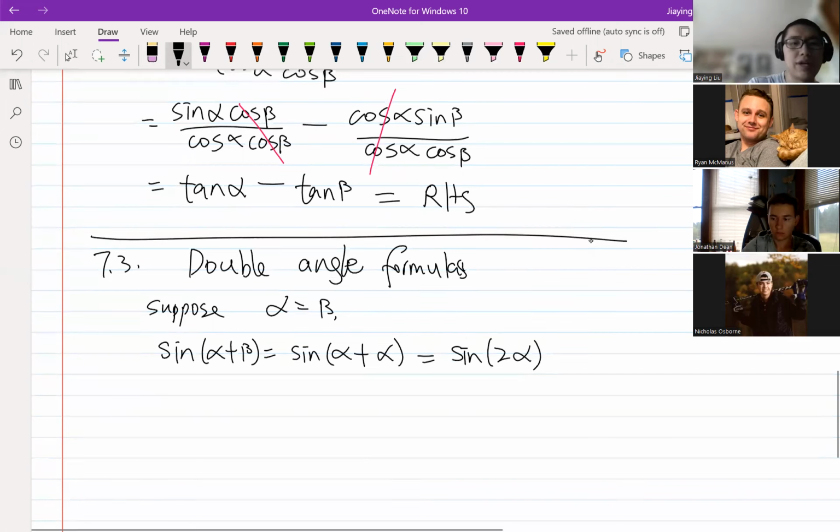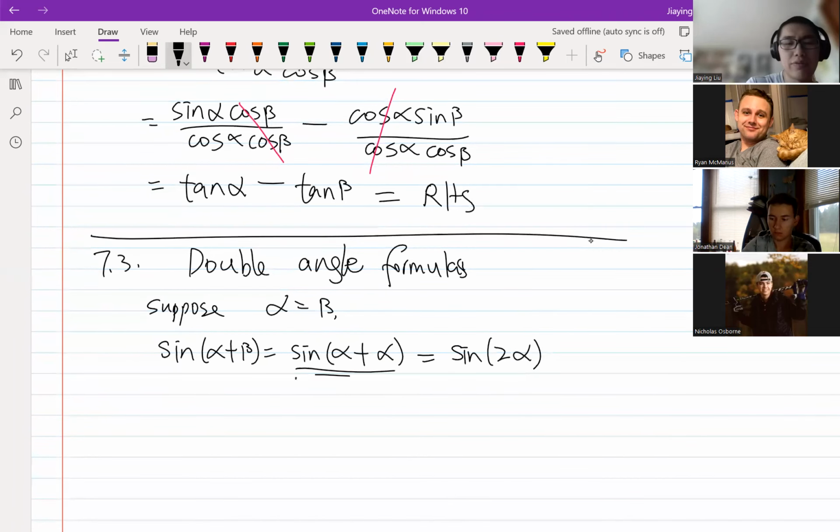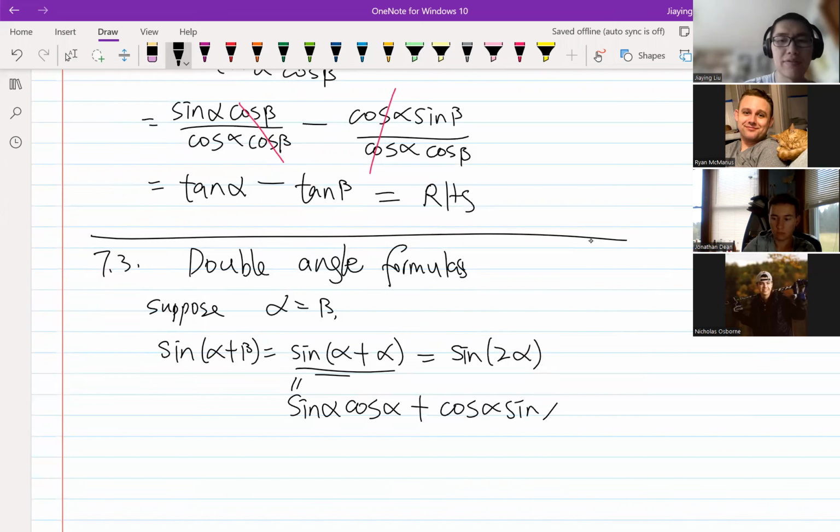But we also know that if we have sine alpha plus beta or sine alpha plus alpha, we can rewrite it using the sum of angles formula. So that's going to be sine alpha cosine alpha plus cosine alpha sine alpha. So that's just going to be twice sine alpha cosine alpha. So that's where we get the formula.